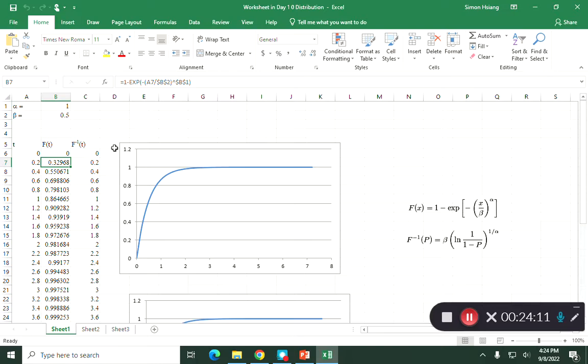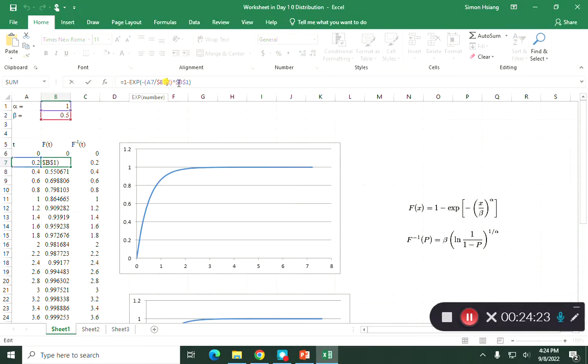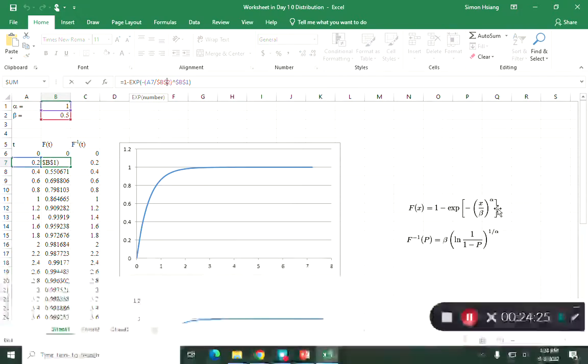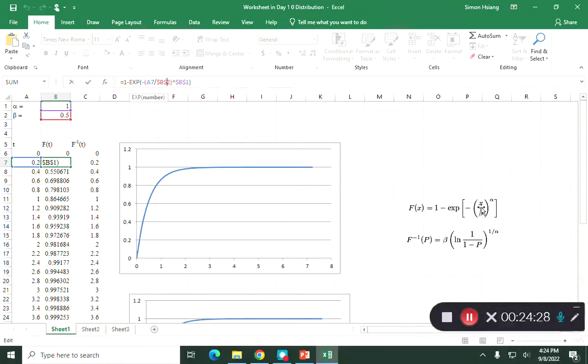So if I have my f, and a time increment, and then I take the f and it gives me a distribution that looks like this, okay? I can even add x minus alpha here and beta as a denominator, okay?